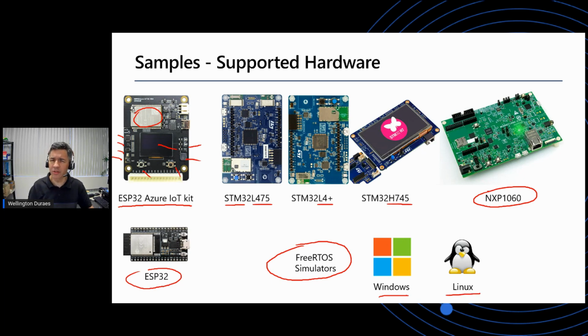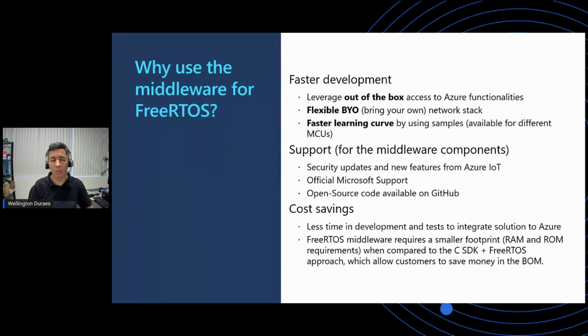In case you're wondering why should I be using this solution? Well, there are several advantages of taking our middleware for FreeRTOS. First of them, it provides you with faster development because you're going to be leveraging out-of-the-box access to a number of Azure IoT functionalities.